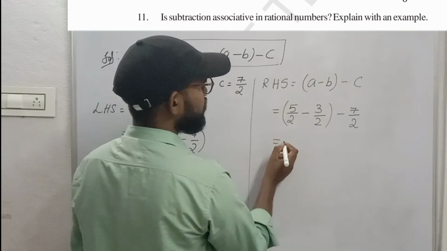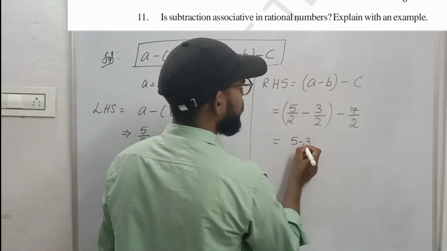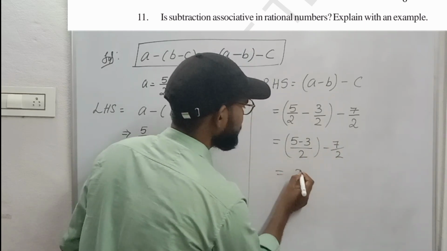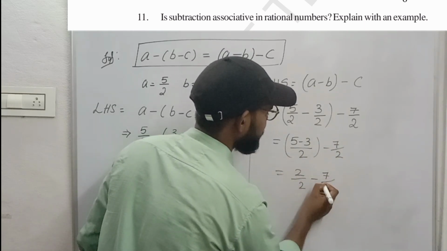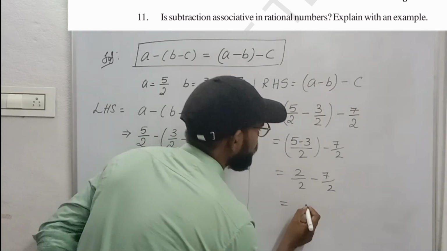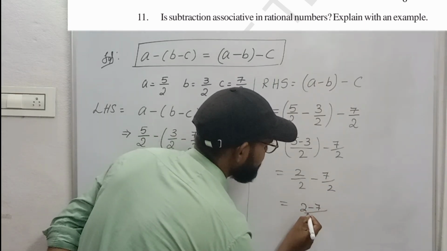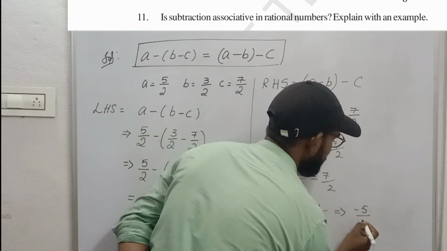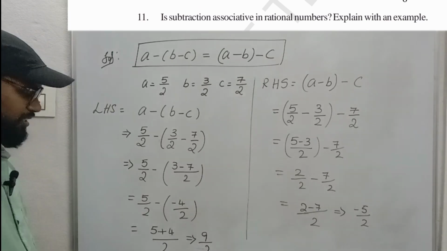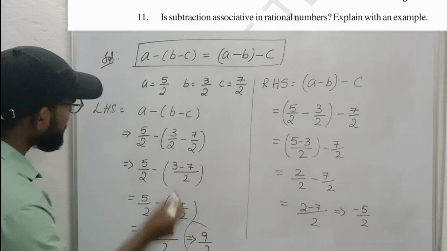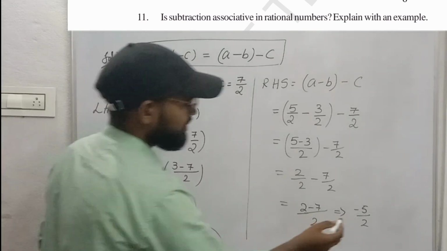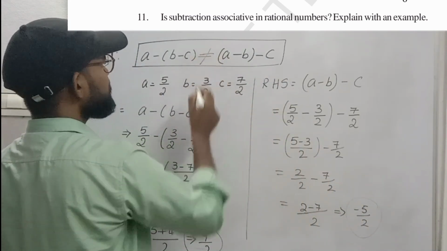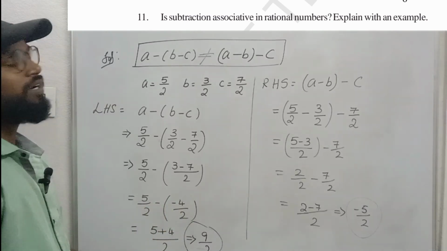Now the bracket part: 5 minus 3 by 2. 5 minus 3 is 2, so 2 by 2 minus 7 by 2. That is 2 minus 7, which is minus 5 by 2. Is LHS equal to RHS? Here this is our LHS and this is our RHS. So LHS is not equal to RHS. So subtraction is not associative for rational numbers.